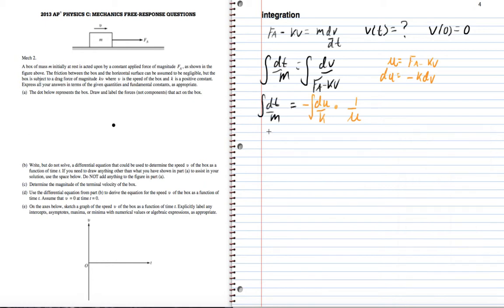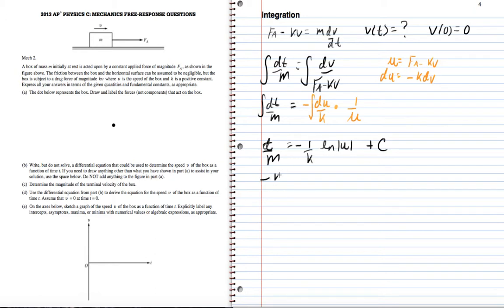So this is going to give me t over m on this side, and on the right side negative 1 over k times the natural log of u plus c, if you want. I can put it here. Maybe I put it on the other side, doesn't matter.